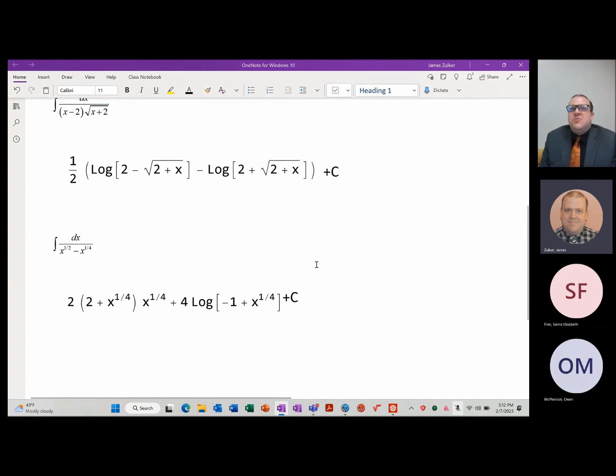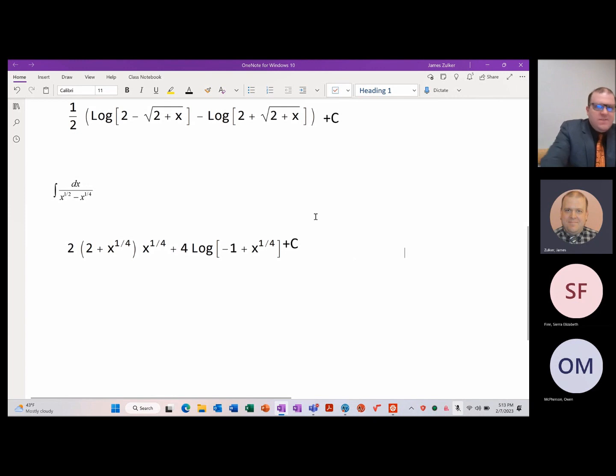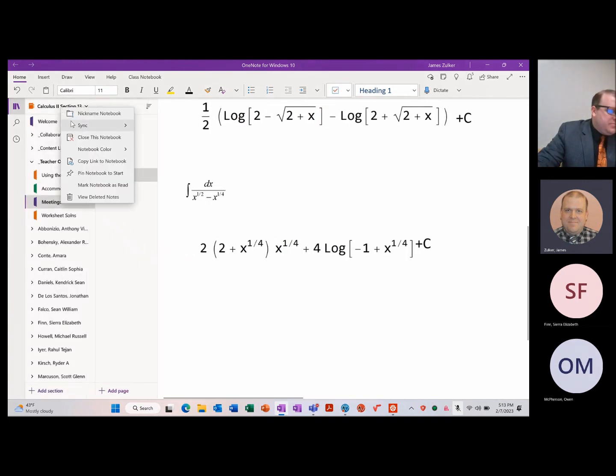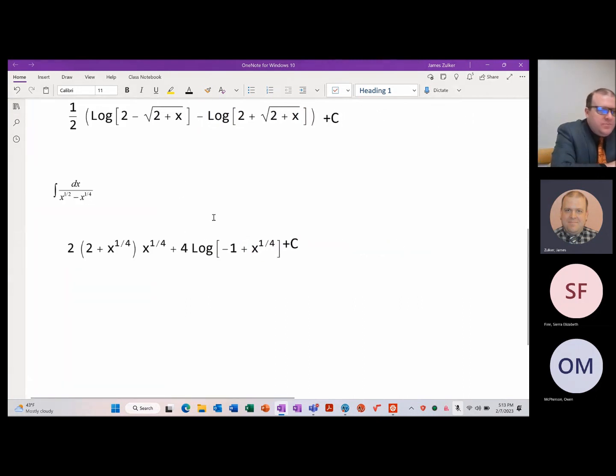I would just be safe and write down absolute values. There you go.